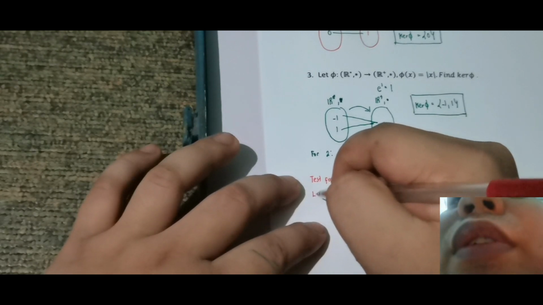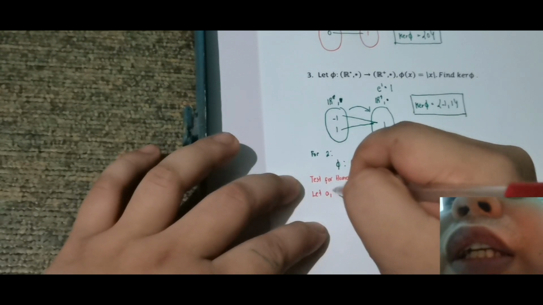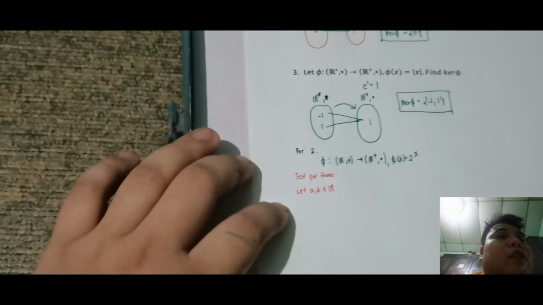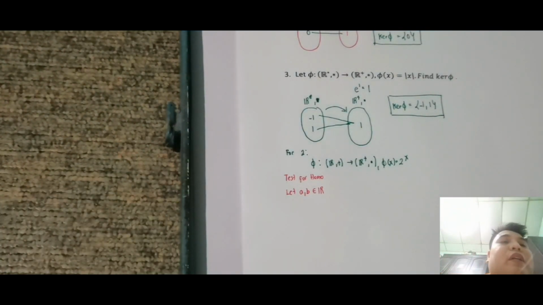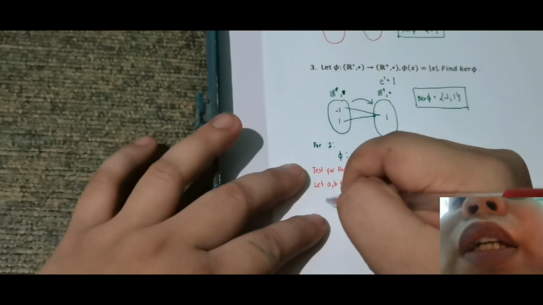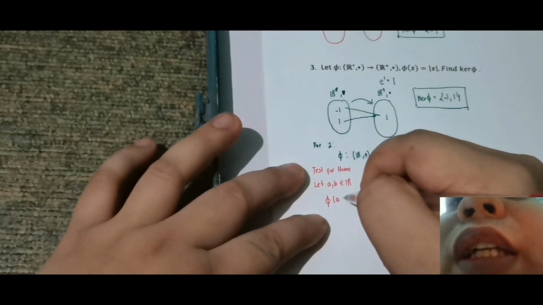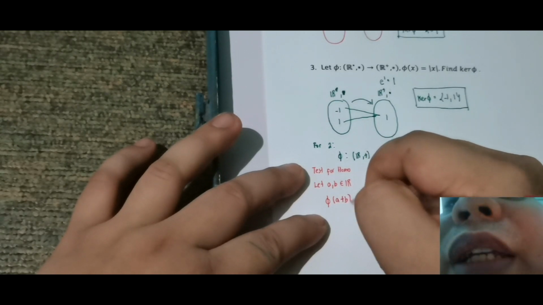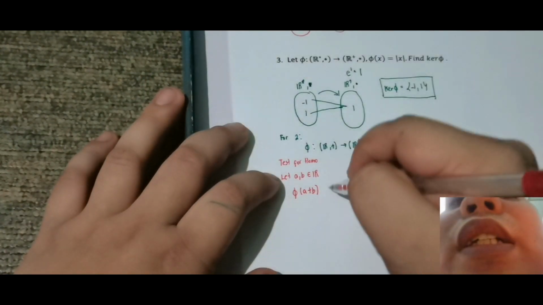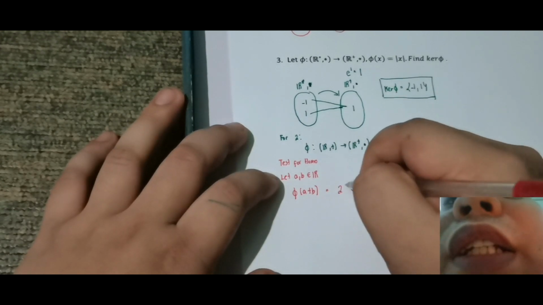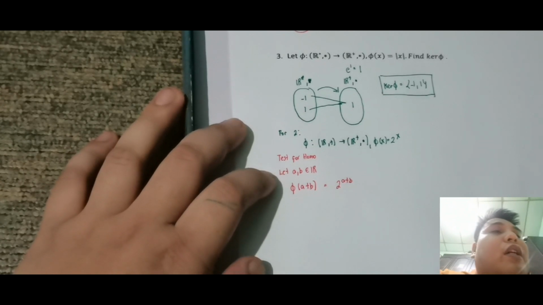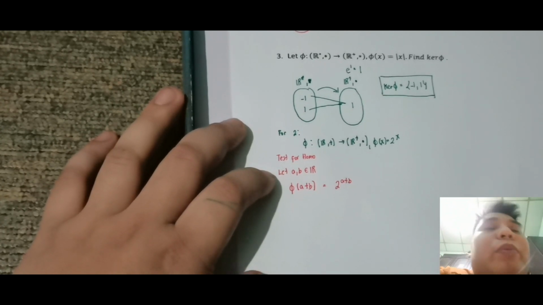So, let A and B element ng real number, kasi real number siya. Okay, so consider natin si P of A plus B. So this is just equal lang naman sa 2 raised sa A plus B pag in-apply yung ating define homomorphism function.